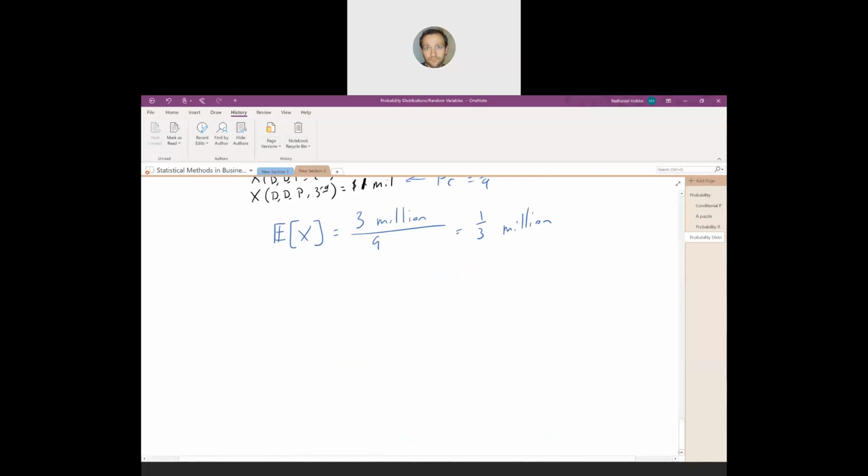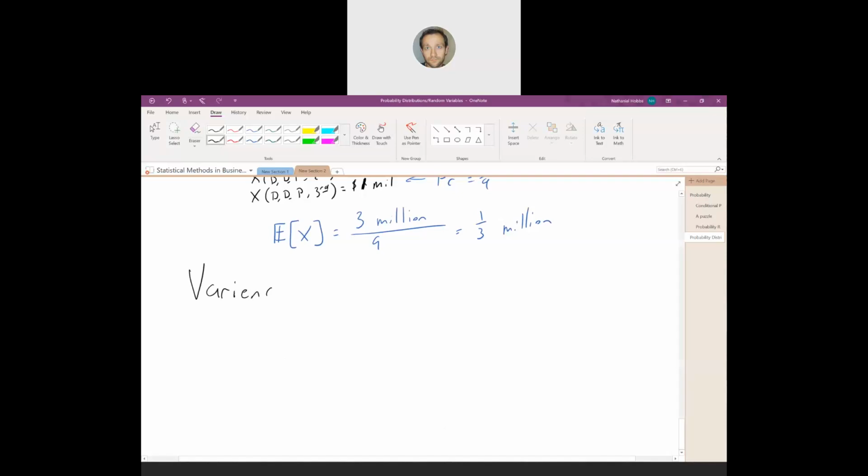There's another notion of average called variance. Variance. This is the average, this is a little weird, squared distance.